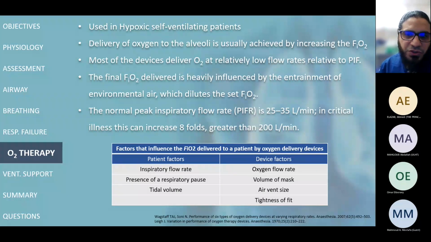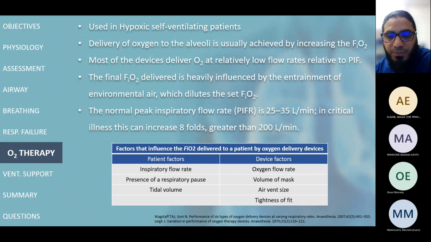This gives time for the oxygen to go through the membranes to the blood. If the patient is tachypneic and in respiratory distress, this respiratory pause will usually be absent. And the amount of air that the patient inhales, which is the tidal volume, will also be very small, because the patient will have shallow breathing.